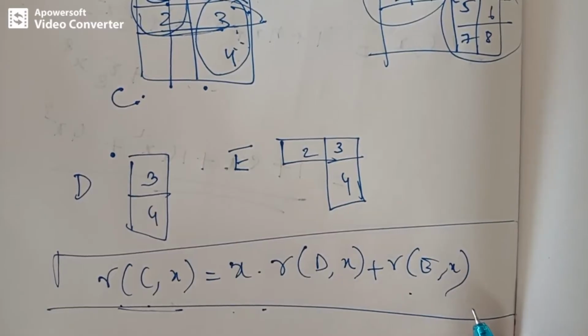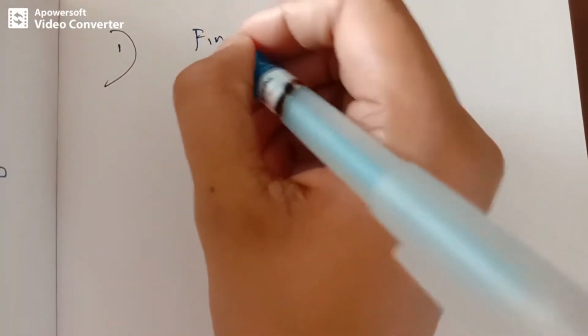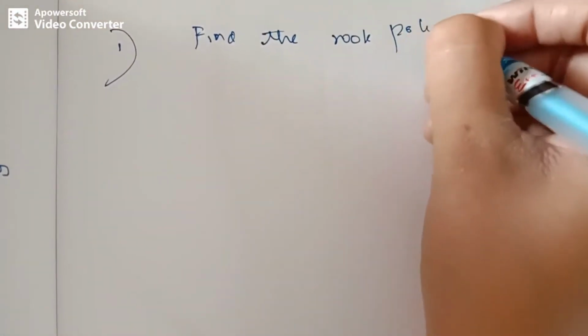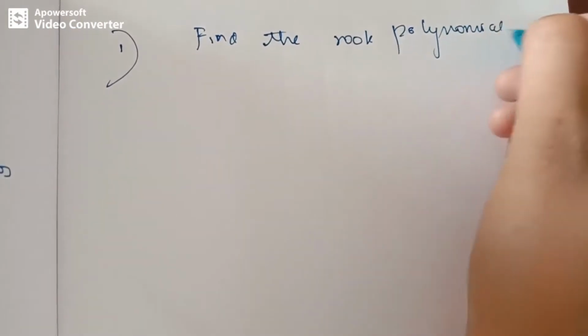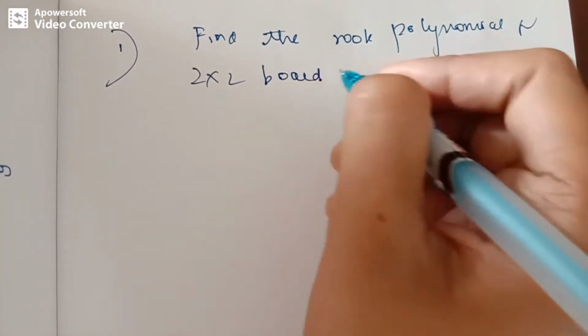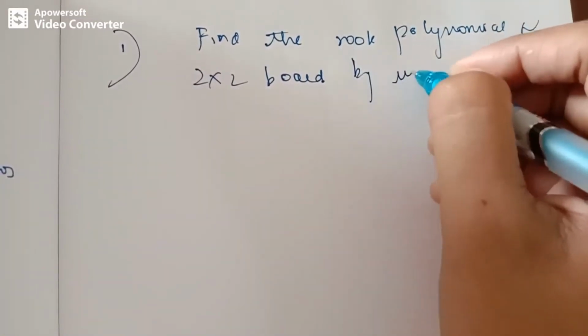So let's take a particular problem. The question is, find the Rook's polynomial for a 2 cross 2 board by using the expansion formula.